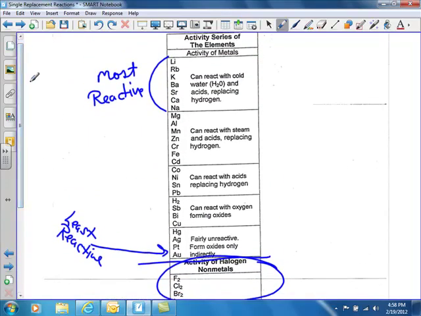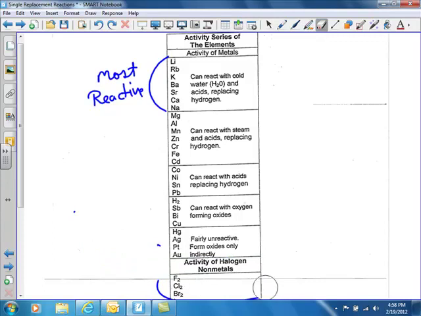So basically what this is saying is lithium will replace anything on this list, and gold down here replaces nothing on this particular list. And again, this is not a complete list, but it's good enough for us to use right now.